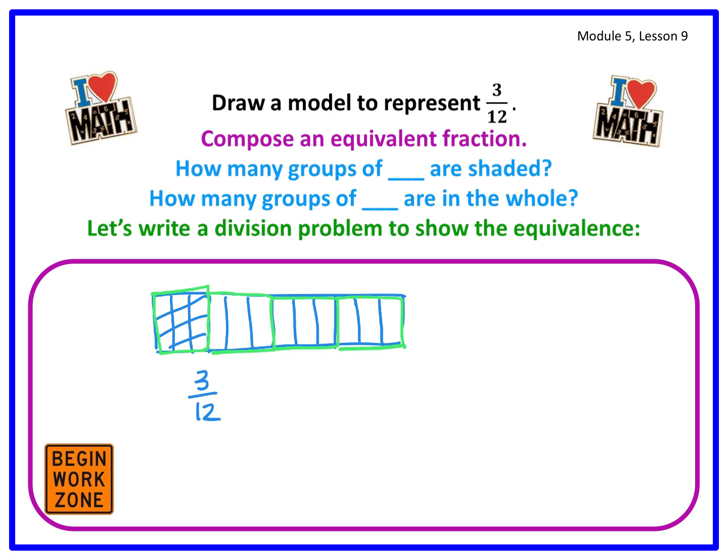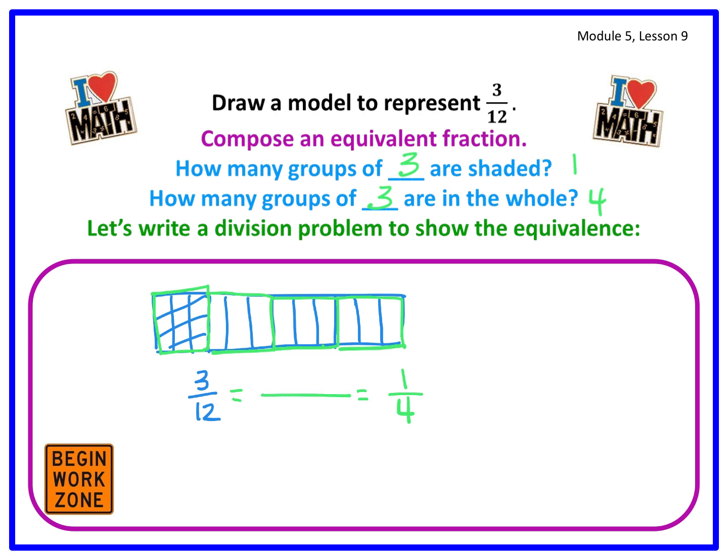So my equivalent fraction is divided into 4 parts now. I've got 4 units, so I am going to put a 4 on the bottom. How many groups of 3 are shaded? Just 1. And how many groups of 3 are in the whole? Well, 1, 2, 3, 4. There are 4. So I should have a fraction of 1/4.